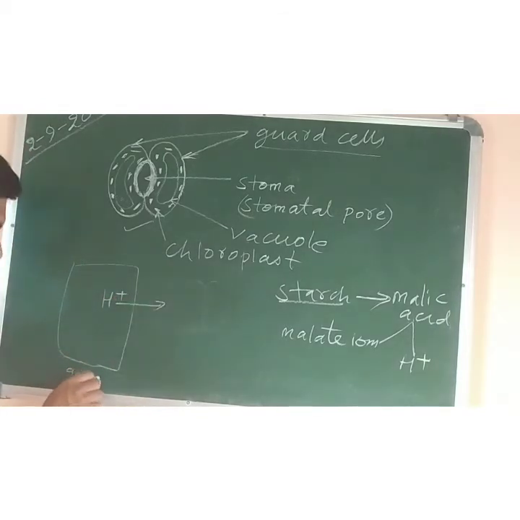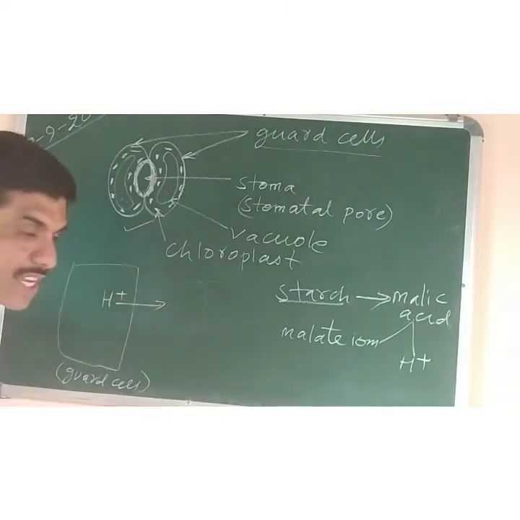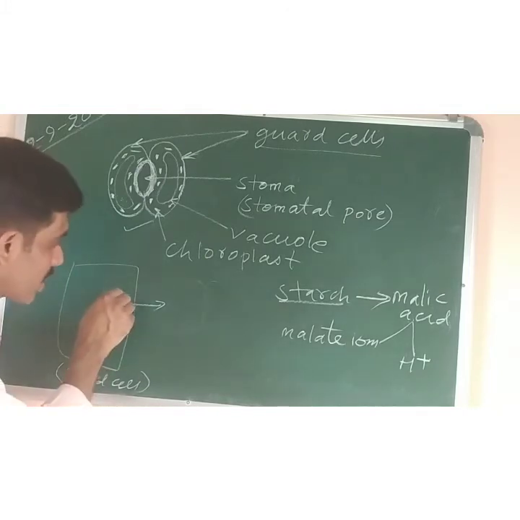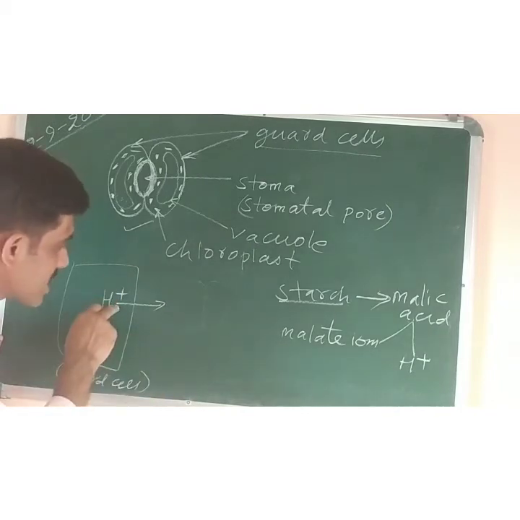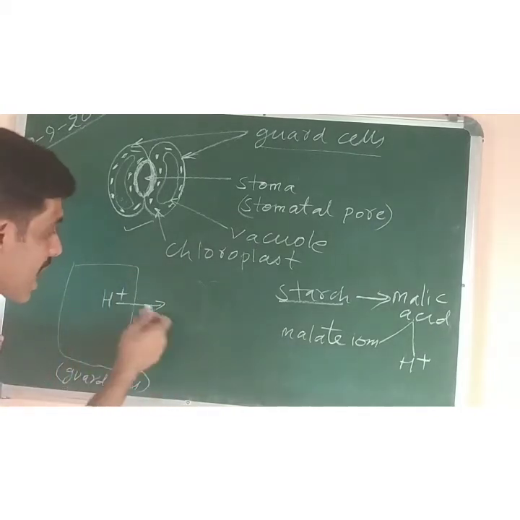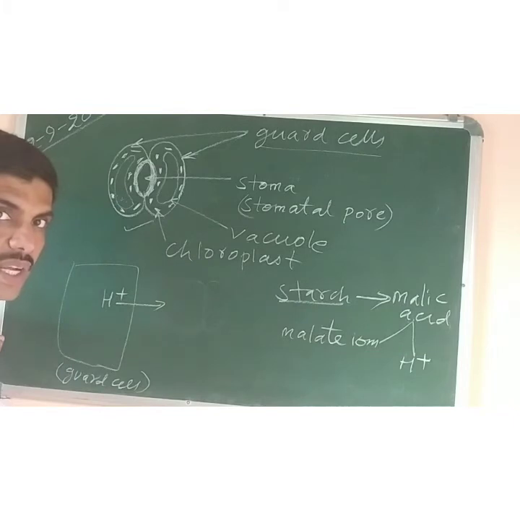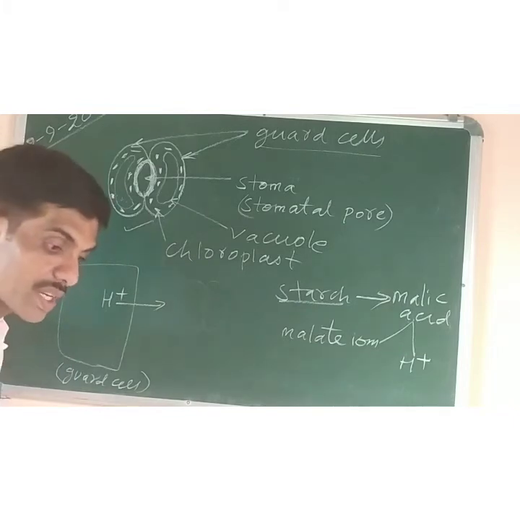Suppose this box I have drawn is the guard cell. Because they are positively charged ions that are moving outside the guard cells, the guard cells will lose turgidity.